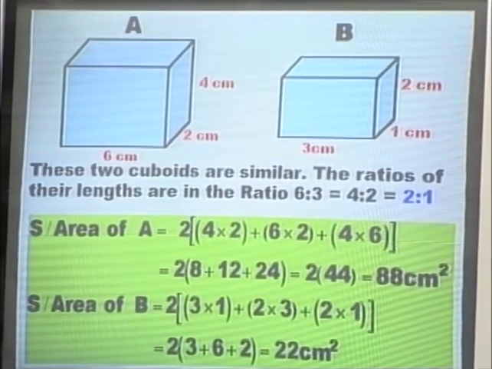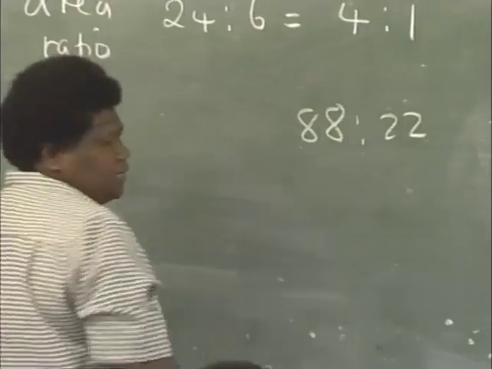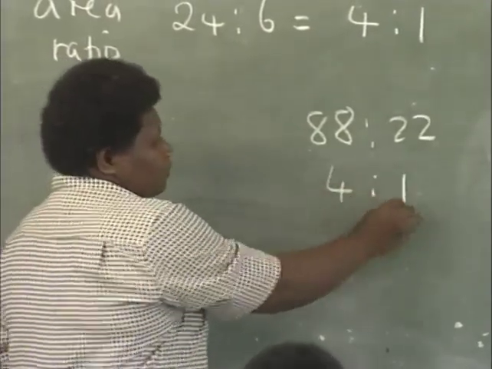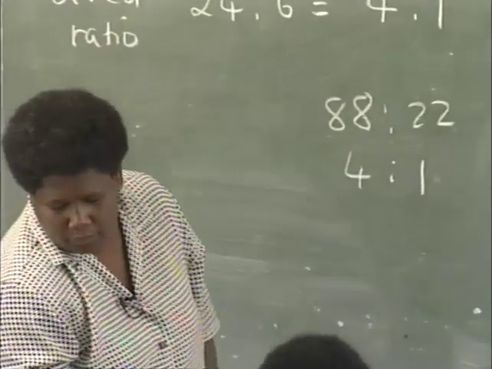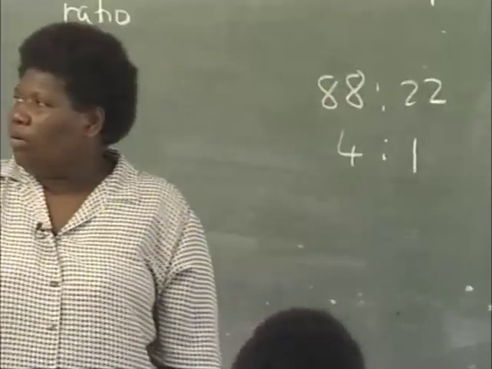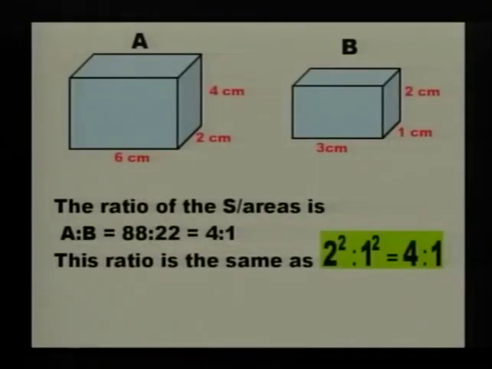Now 88 is to 22 is the same as 4:1. So the ratio of the surface areas is 88:22, which is the same as 4:1.